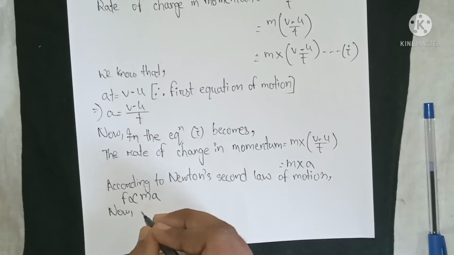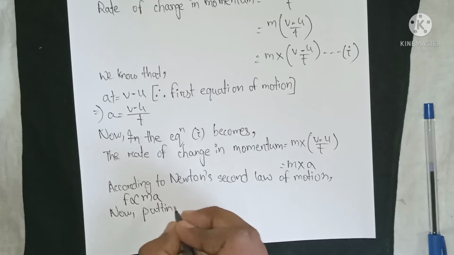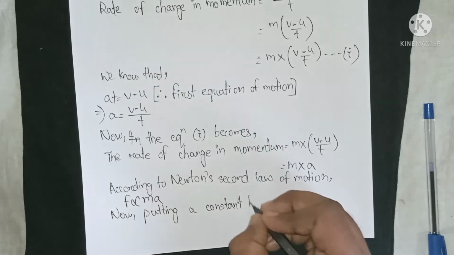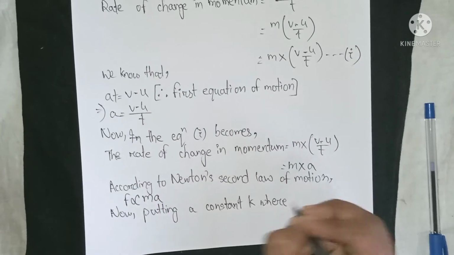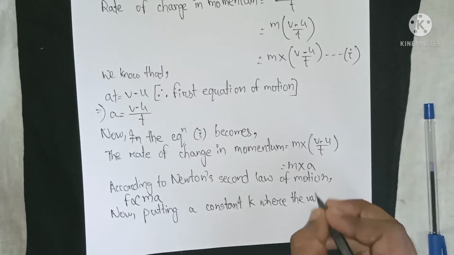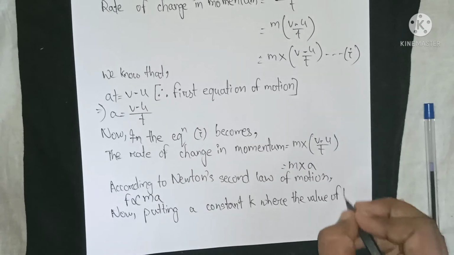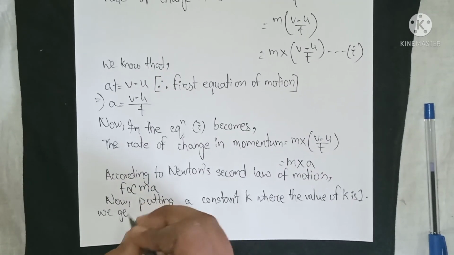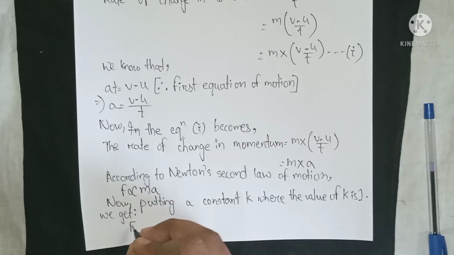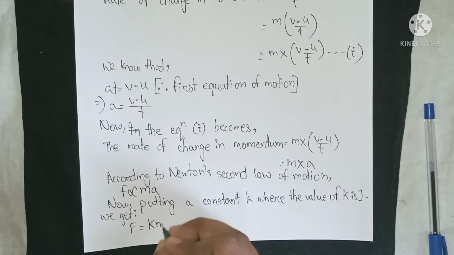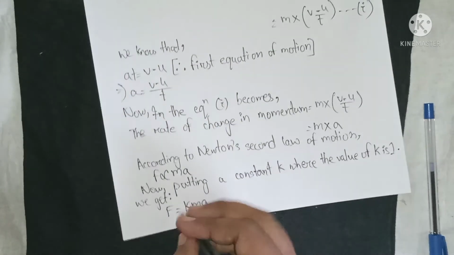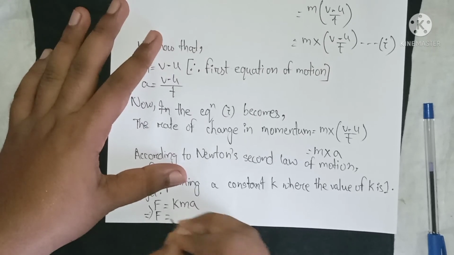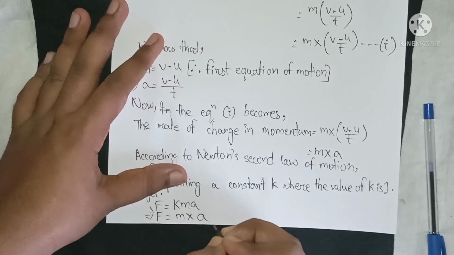Now putting a constant k, where the value of k is 1, we get F is equal to k m a, implies F is equal to mass multiplied by acceleration.